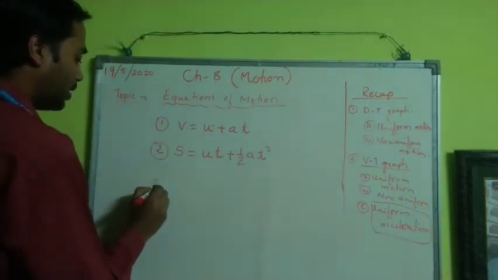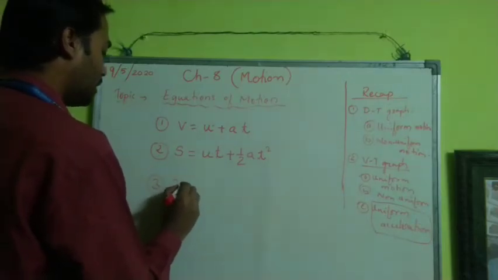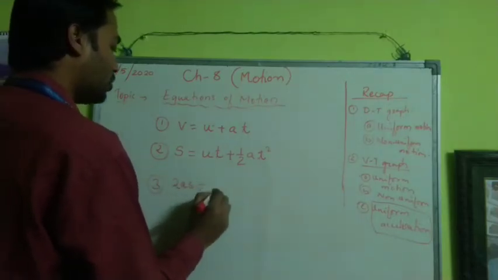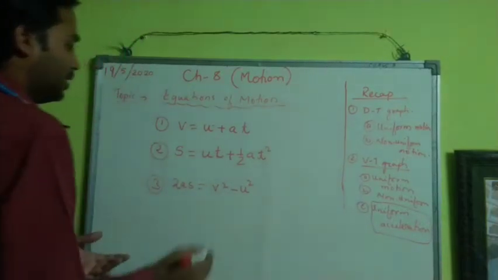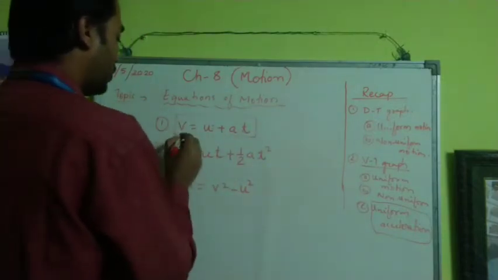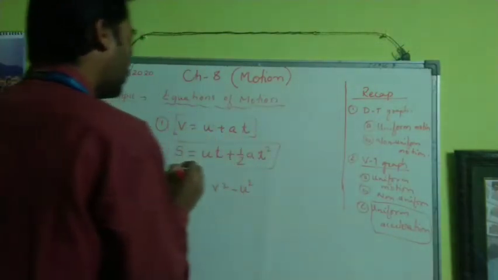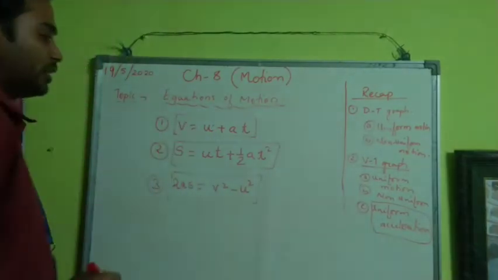Then the third equation of motion is twice as equals to v square minus u square. So these are the three equations of motion which we are going to prove one by one.